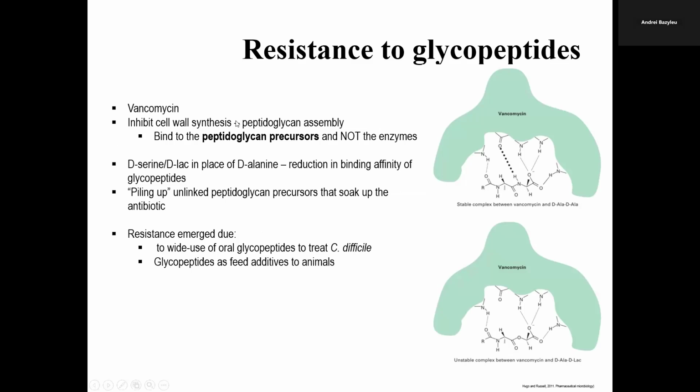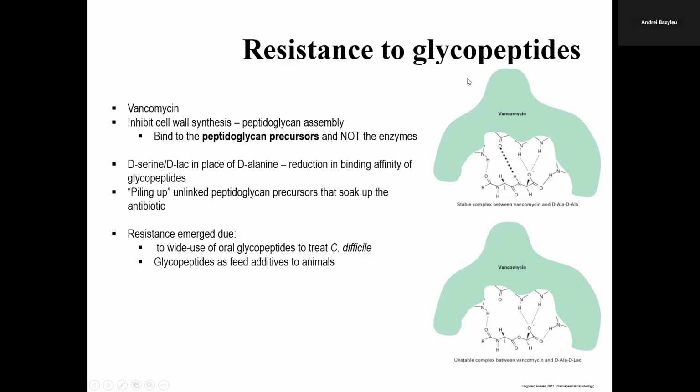But what's important to remember, they do so in a very different way. The cellular process affected is the same, it's the cell wall synthesis, but the mechanism by which this is happening is different. So the major representative was vancomycin. Remember it. It's still a very important drug. We're not going to go into that again.